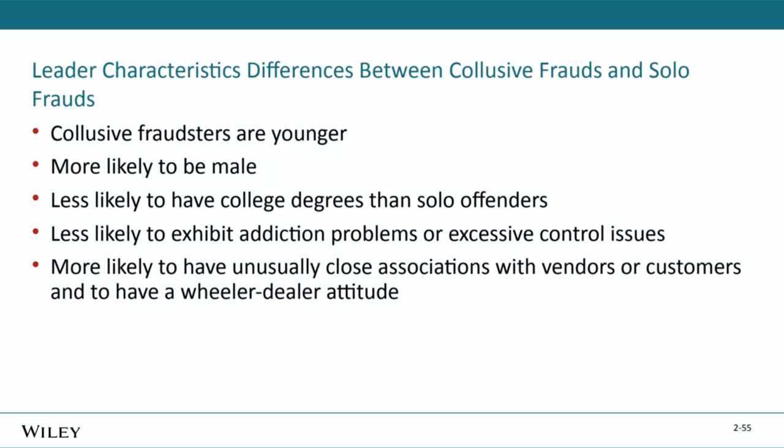So leader characteristics: differences between the collusive frauds and the solo frauds. Collusive fraudsters tend to be younger, more likely to be male, less likely to have college degrees than the solo offender, less likely to exhibit addiction problems or excessive control issues, more likely to have unusually close association with vendors or customers, and the wheeler-dealer attitude.